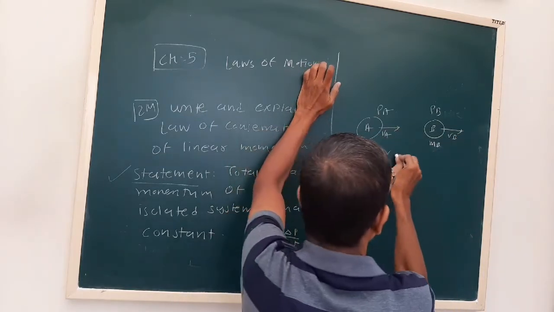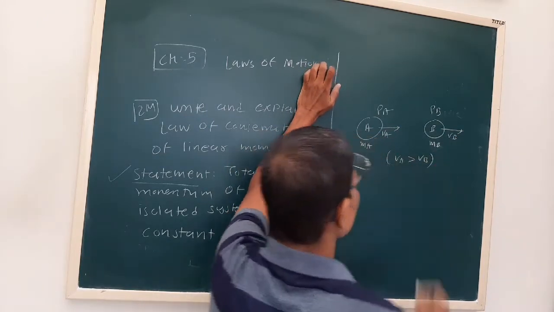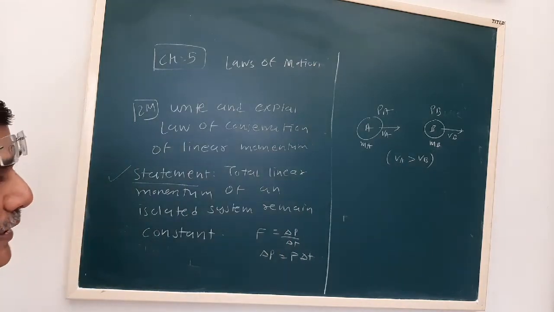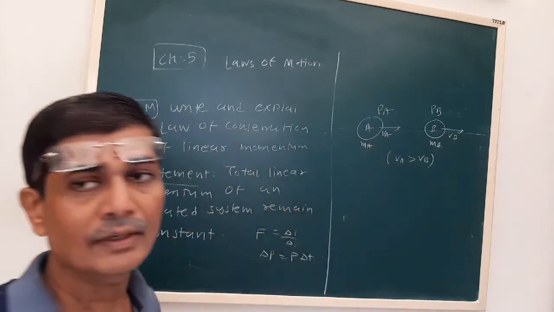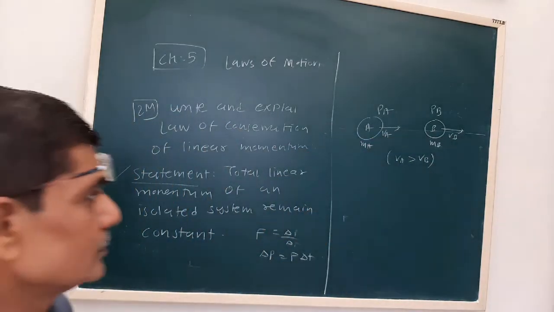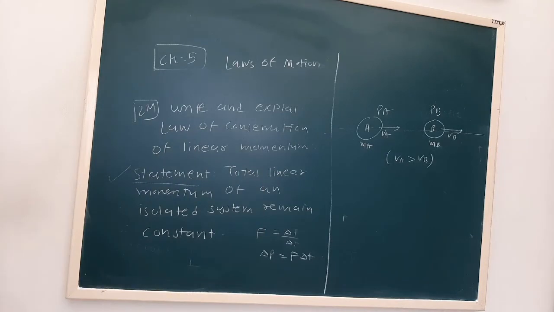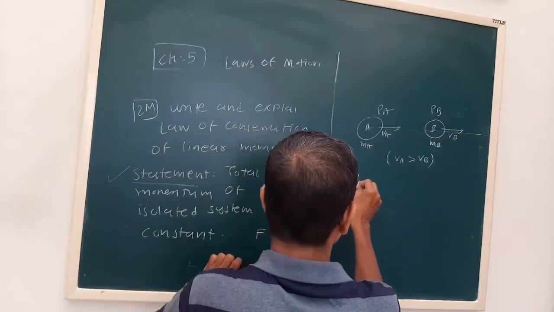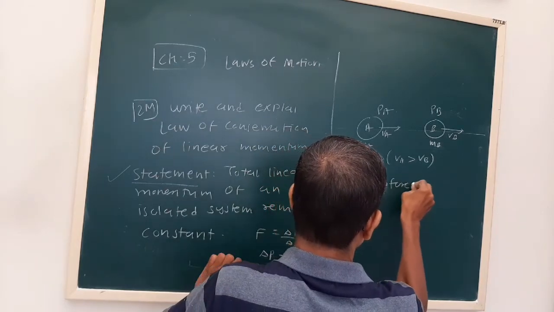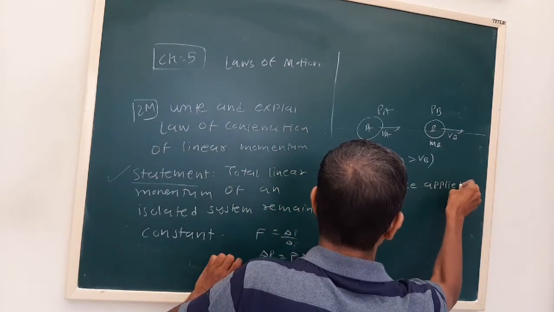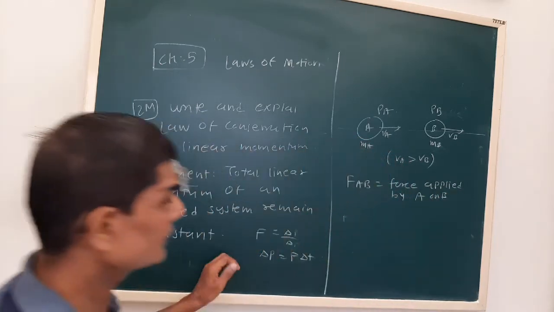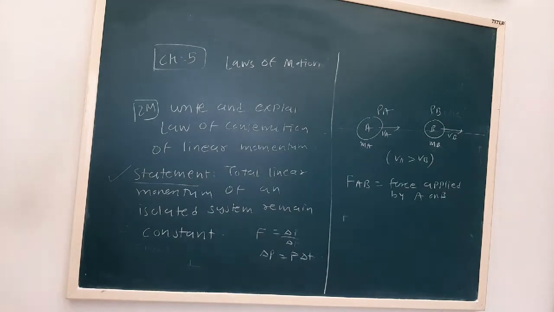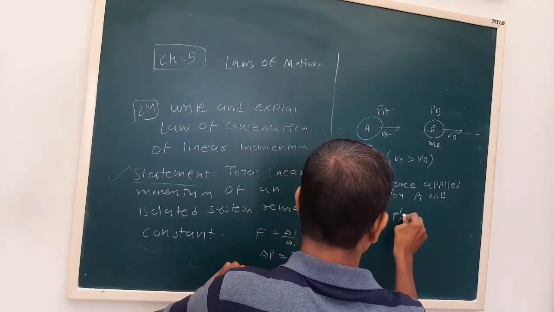Now we assume that they move in the same direction. Whenever there is an interaction, see what is the force applied by A on B. FAB is the force applied, that is the change in momentum of A, delta PA, that is P dash A minus PA.